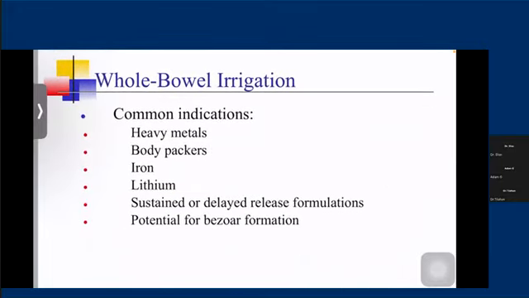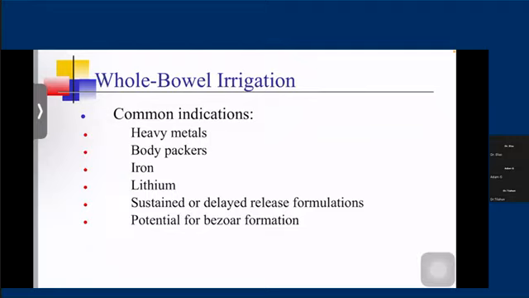The common indication for whole bowel irrigation is especially for body packers, people who transport abused substances by ingesting them. With these body packers, what we usually do is just irrigate the GI.